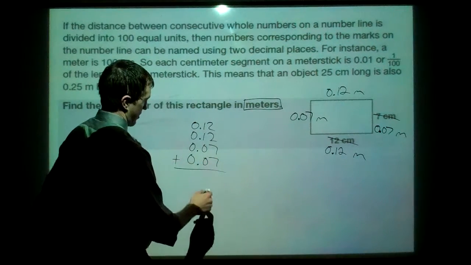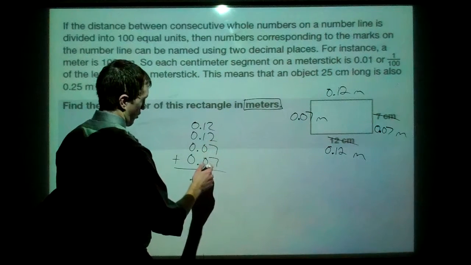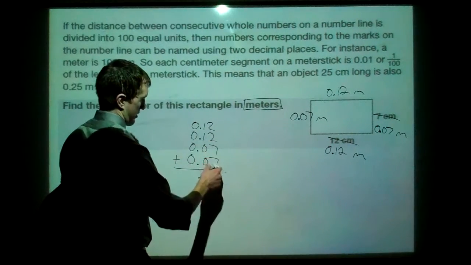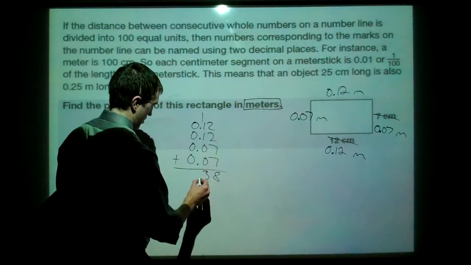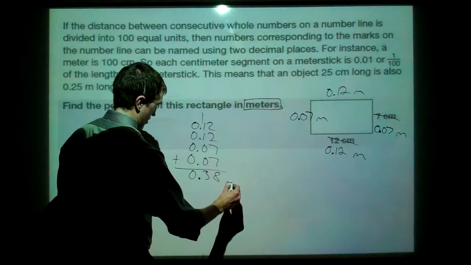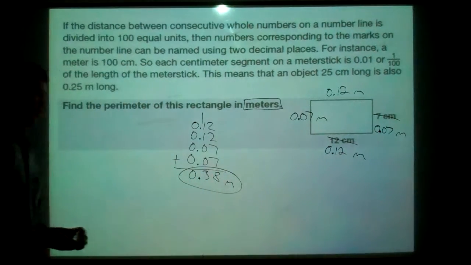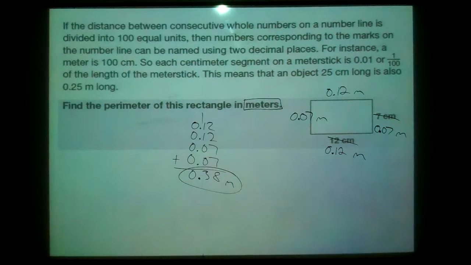Alright, we add all this up. 2 plus 2 is 4, plus 7 is 11, plus another 7 is 18. 1, 2, 3. Drop this down. Perimeter is 0.38 meters, or 38 hundredths of a meter.